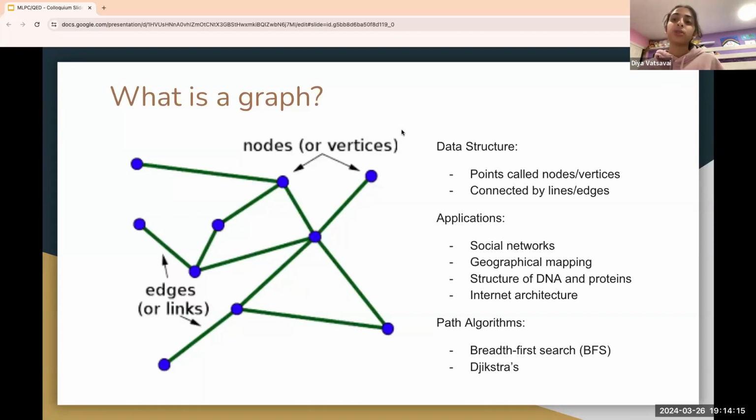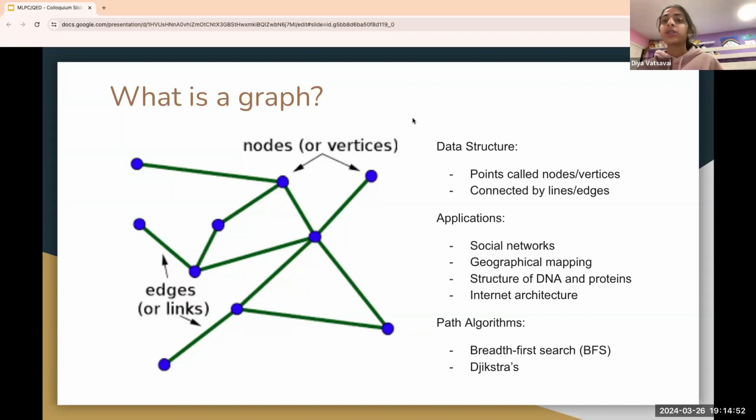If each destination was a node and each path between the destinations was an edge, you could apply algorithms to find, for example, the shortest path between 2 points. On a much smaller scale, these can also be used to represent the structure of DNA and proteins. Finally, they can also be used to represent internet architecture. This one might be a little bit harder to see, but imagine that each node or vertex was a web page, and each green edge was a kind of link that takes you from one web page to the next.